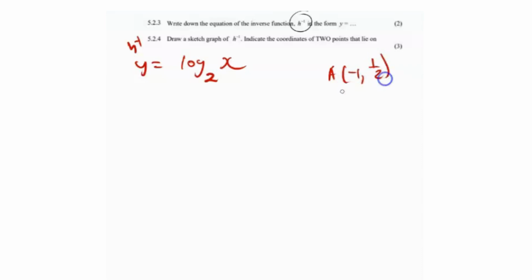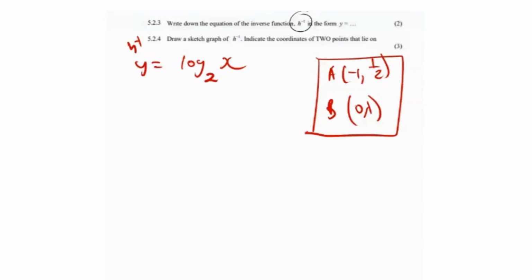This one, and also the other one, they didn't tell us whether it's point B or point C. Let's just use point B. It's 0 and 1. You still remember that one? Or when they say substitute this equation, we can try to use this one.